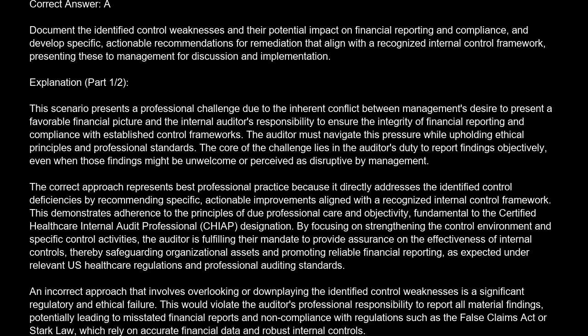This demonstrates adherence to the principles of due professional care and objectivity, fundamental to the Certified Healthcare Internal Audit Professional, CHIAP, designation. By focusing on strengthening the control environment and specific control activities, the auditor is fulfilling their mandate to provide assurance on the effectiveness of internal controls, thereby safeguarding organizational assets and promoting reliable financial reporting, as expected under relevant U.S. healthcare regulations and professional auditing standards.